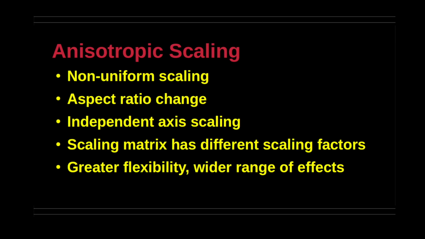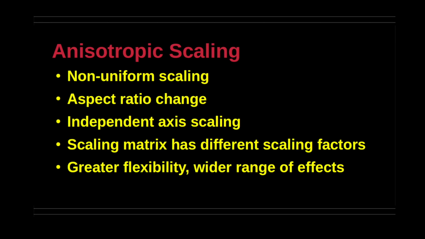Matrix representation. Anisotropic scaling can be represented by a diagonal matrix with different scaling factors on the diagonal. Applications: widely used in image processing, computer graphics, and geometry for various transformations and effects.